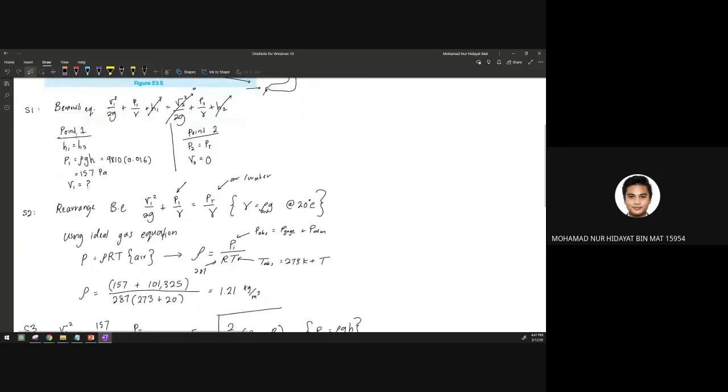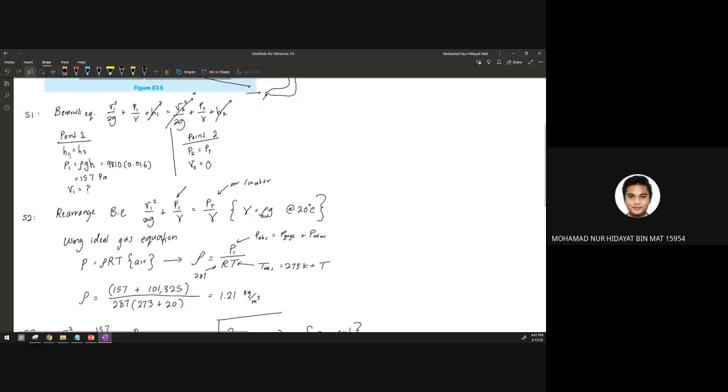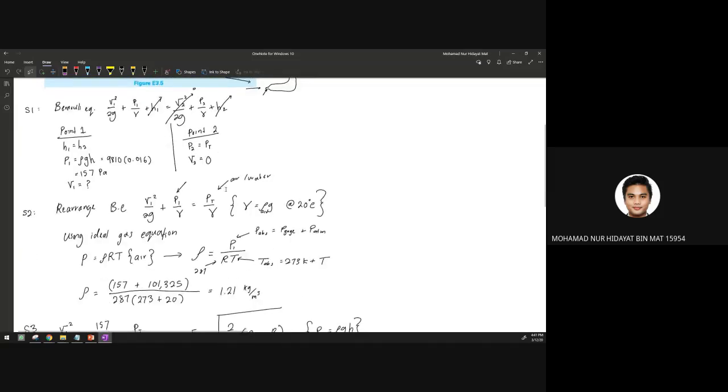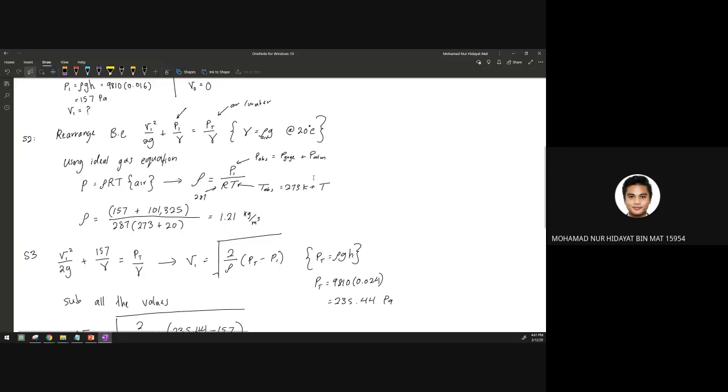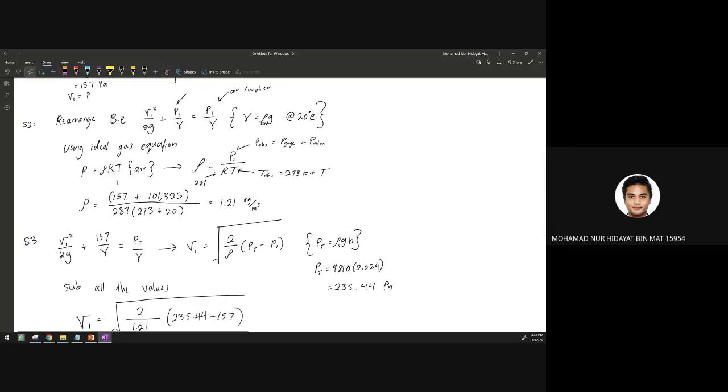So basically 3 steps. Using the Bernoulli equation, identify point number 1 and point number 2, and rearrange the equation after we have simplified. And find the pressure 1 as a static pressure.